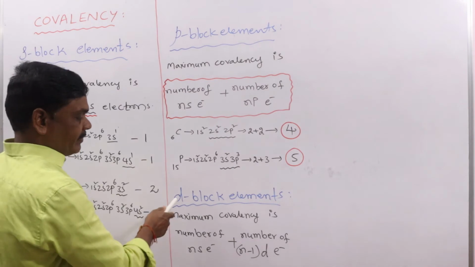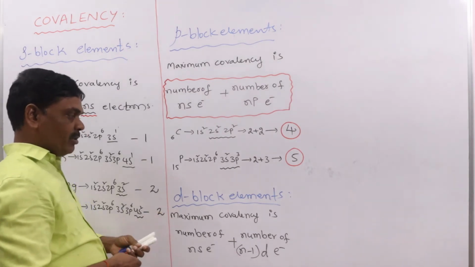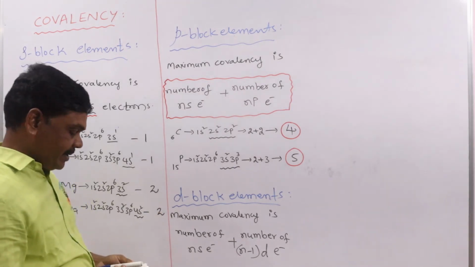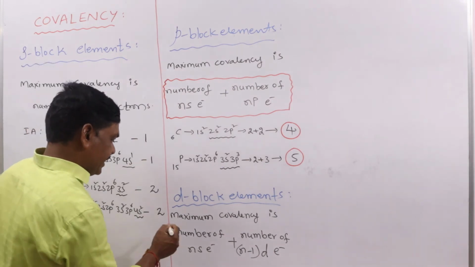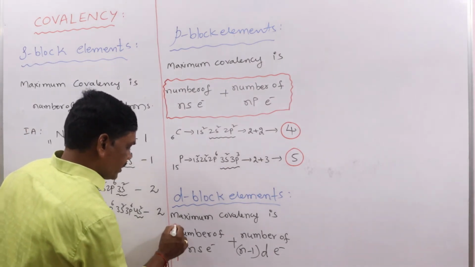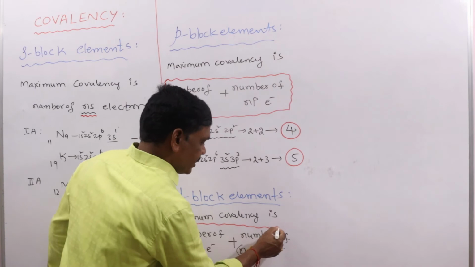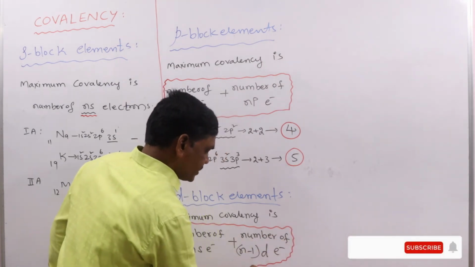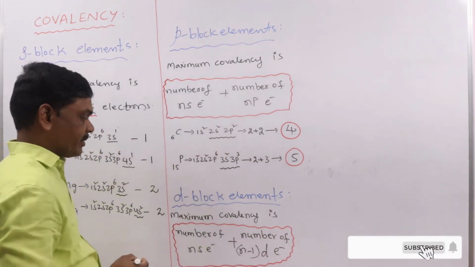This is the formula for the maximum covalency of d block elements.